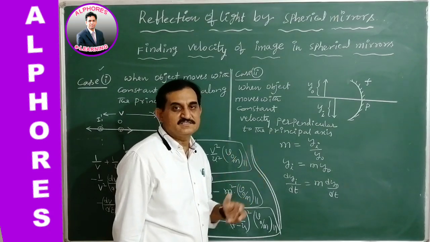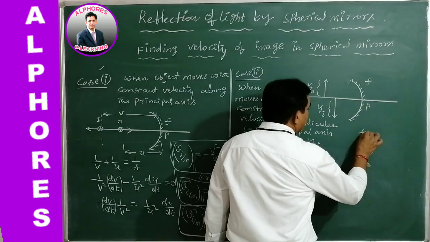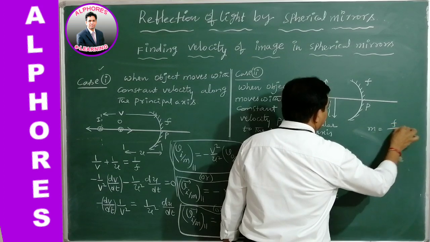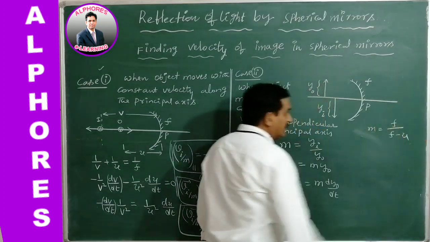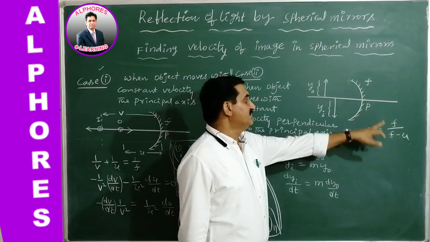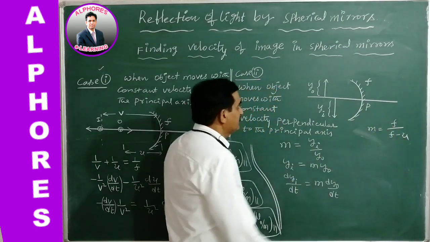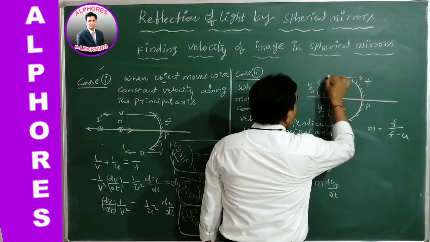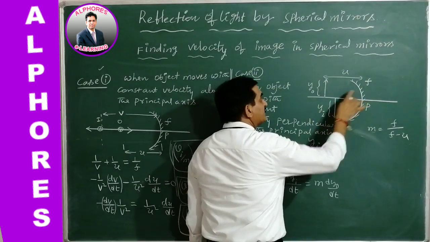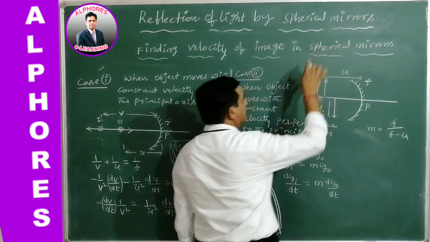How can we decide that magnification m is constant? The magnification formula is m equal to f by f minus u. Here f is the focal length of the concave mirror, and this focal length is constant. And the object distance, from the mirror to the object, u is fixed, constant, because it is not moving along the principal axis, it is moving perpendicular to the principal axis.